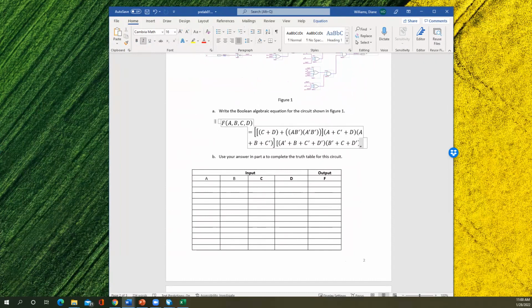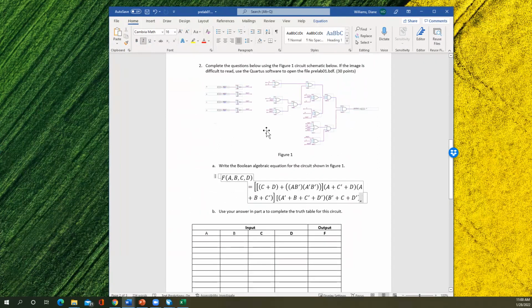Professor, I think the second term should be a plus, because it's an OR gate. So C plus D plus A B prime. It should be A plus B prime because it's an OR gate. Oh, yeah, it is. Thank you.